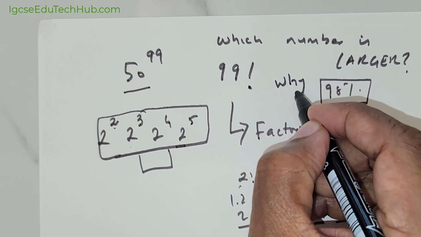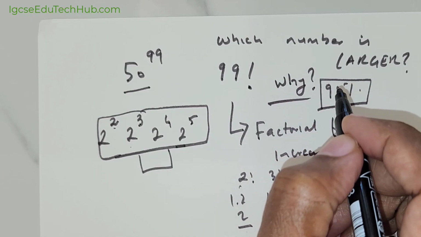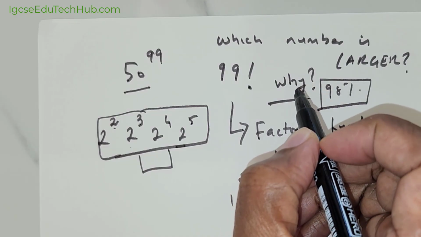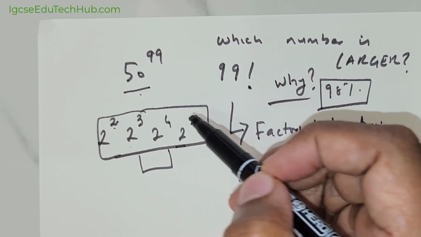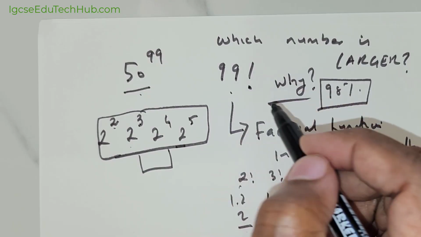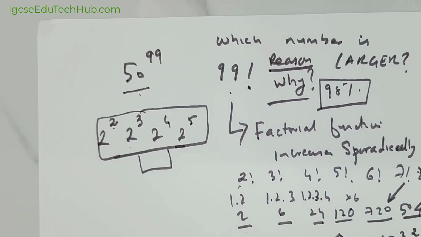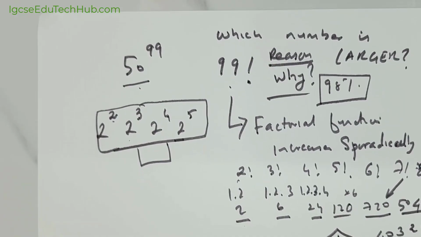I'll just place it as y. In other words, they might ask you, why do you say this is the larger number? So you will have to give a reason. Reasoning is critical. So that's exactly what I'm going to show you, how to reason this.